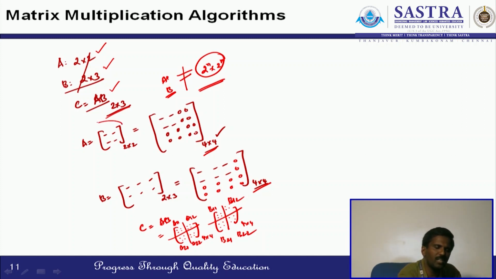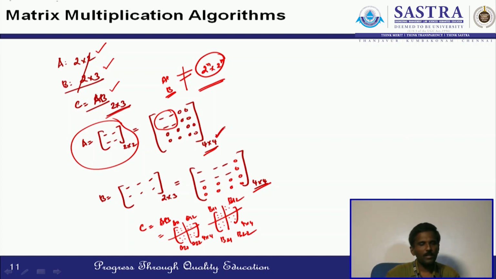So matrix A, which is 2 by 2, should be converted into the 4 by 4 order. Introduce enough dummy rows and dummy columns so that we get the resultant order 4 by 4, or 2 dummy rows and 2 dummy columns, so that 2 by 2 is converted to 4 by 4.